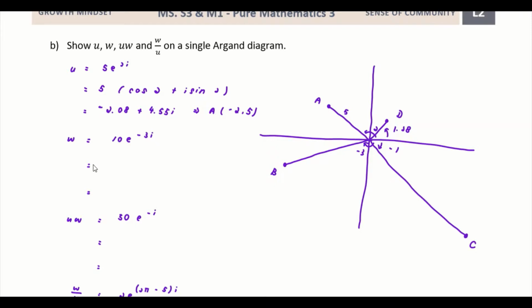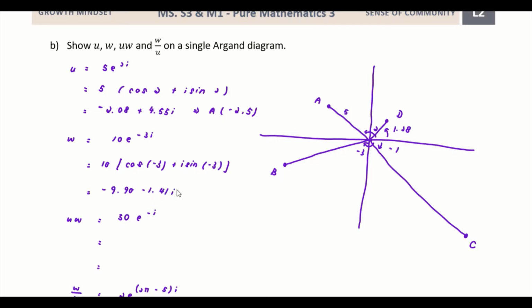The same thing we can check with W, then you will have 10 cos negative 3, then plus i sin negative 3. You can check it with the calculator as well. 10 cos negative 3 will give you negative 9.90. Then 10 sin negative 3 will give you negative 1.41i.